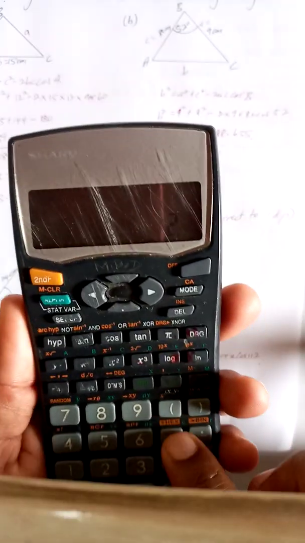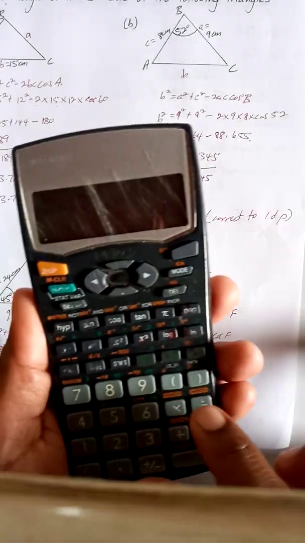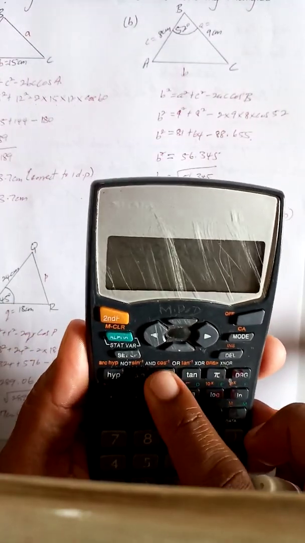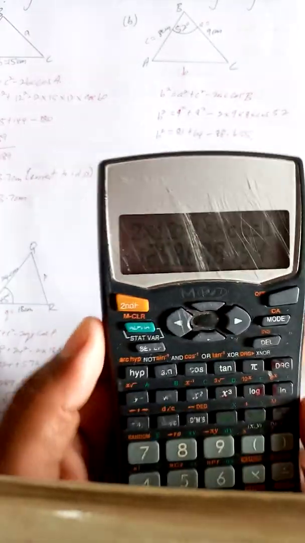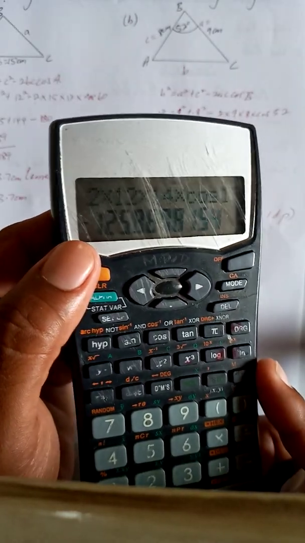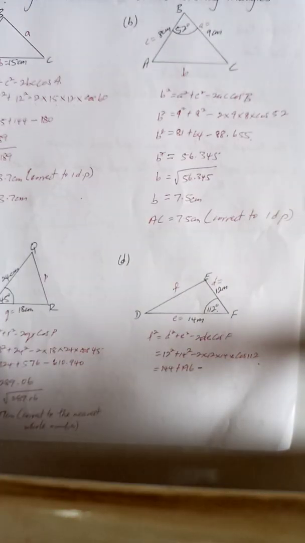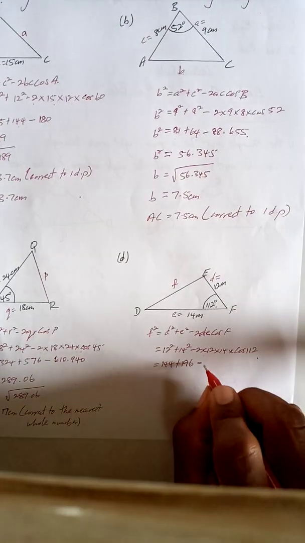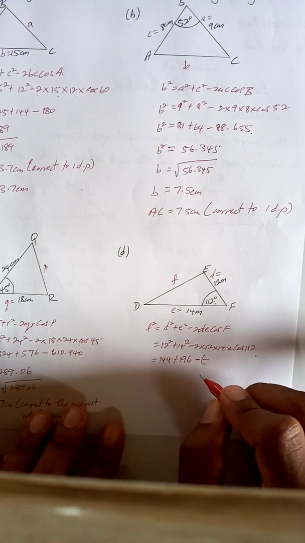So you have 2 times 12 times 14 times cos 112. If you notice here, our answer is negative 125.868. We need to write that negative, and I'll put the negative in a bracket.